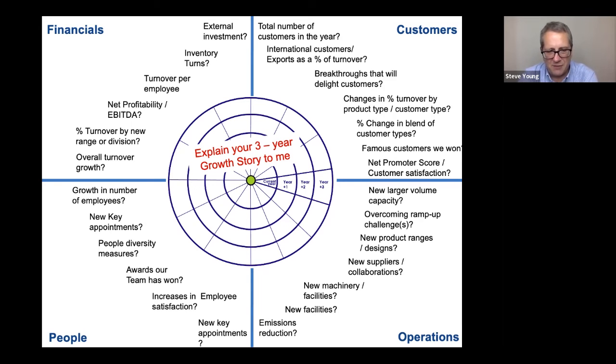And then maybe even an increase in employee satisfaction. Maybe that's something that's important to you. So what are your current levels of employee satisfaction at the moment, and what do you want them to be by year 3? And then chunk that back: year 3, year 2, year 1.